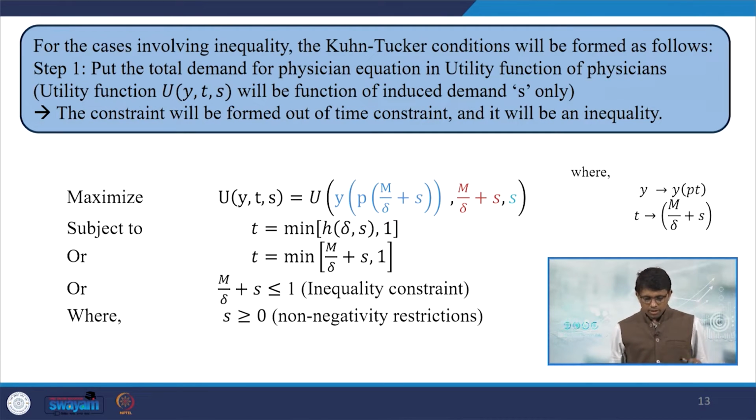So, the utility function is y, t and s. Y is y pt. So, y pt is explained over here.